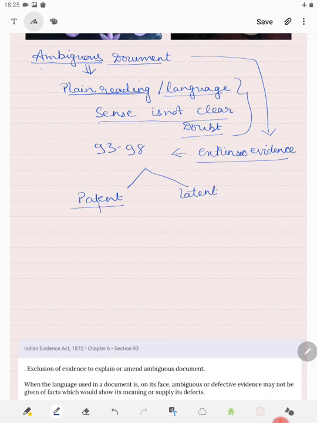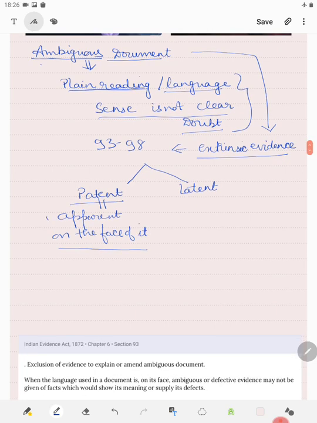Now, patent means which is apparent on the face of it. So, patent ambiguity means that the defect is apparent, the defect is on the face of it, that it creates doubt as such.